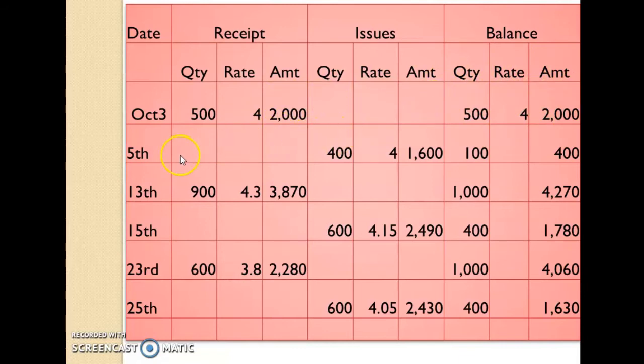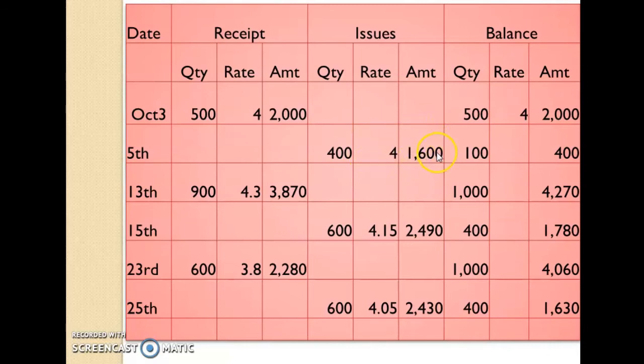Next entry, on 5th October the issue is 400 units. At which price are we going to issue this quantity? In the balance column we have only 4 as our rate, so there is no other option, and we can directly issue the 400 units at the rate of rupees 4.